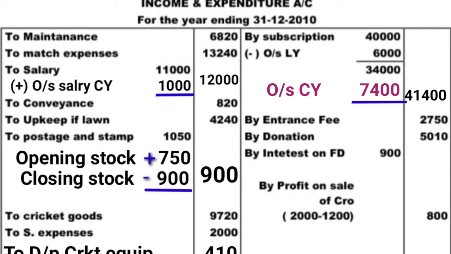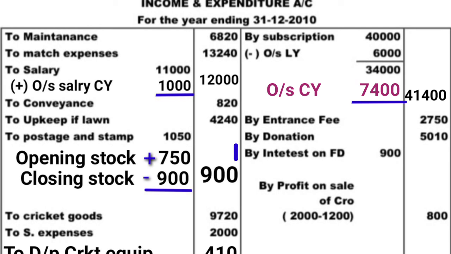Now we did all the adjustments from this other information, but one more adjustment is pending, that is related with the interest on FD, that we need to verify. We need to calculate the interest on fixed deposit. Interest on fixed deposit is equal to 30,000 into 6%, that's equal to 1,800.